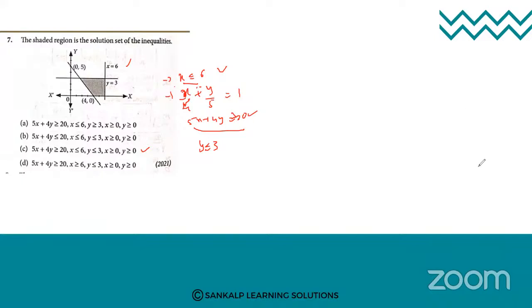Next example, question number 8. See this one: the cost and revenue of products are given.